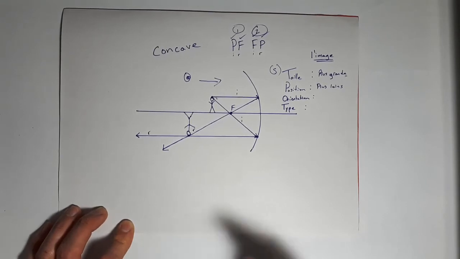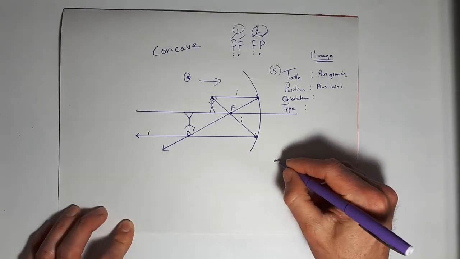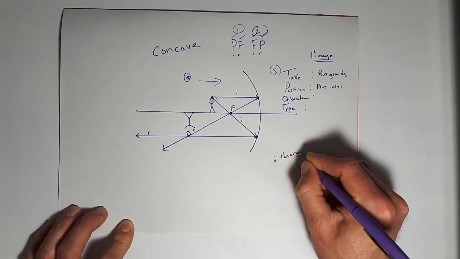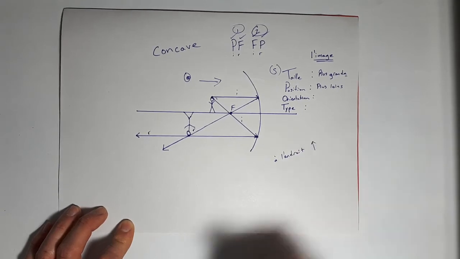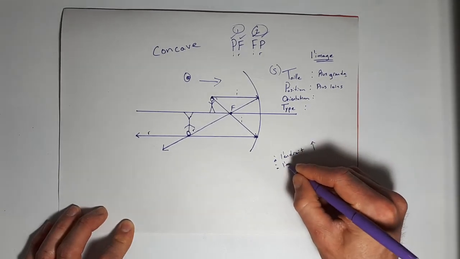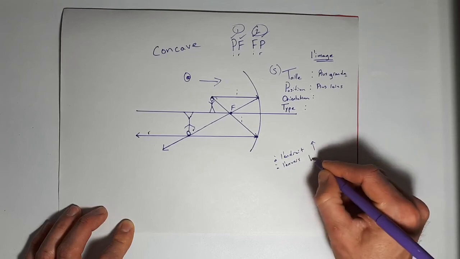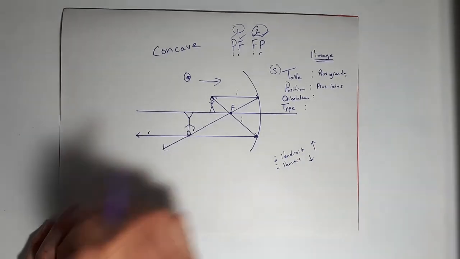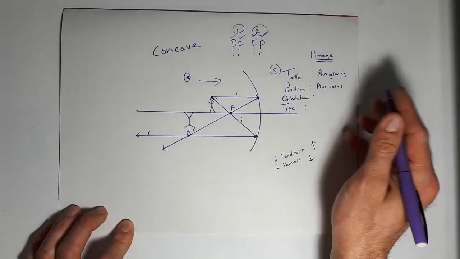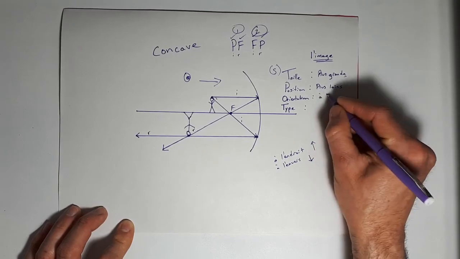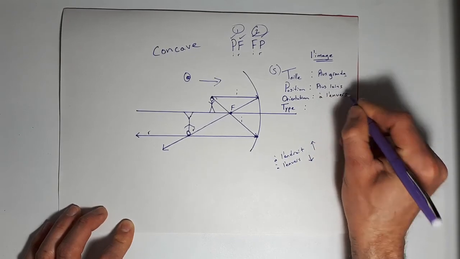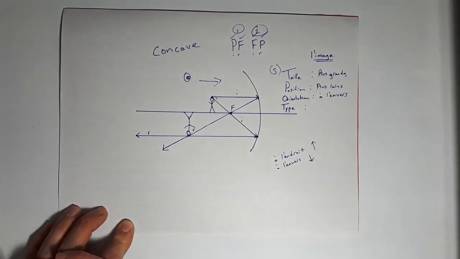Orientation. You can either have à l'endroit or à l'envers. À l'endroit is the right side up, or à l'envers, which is upside down. And of course, this little person is upside down, so we're going to say à l'envers. And last but not least, we have type.